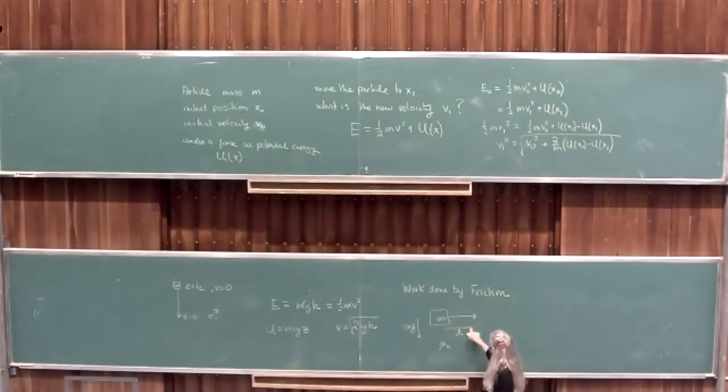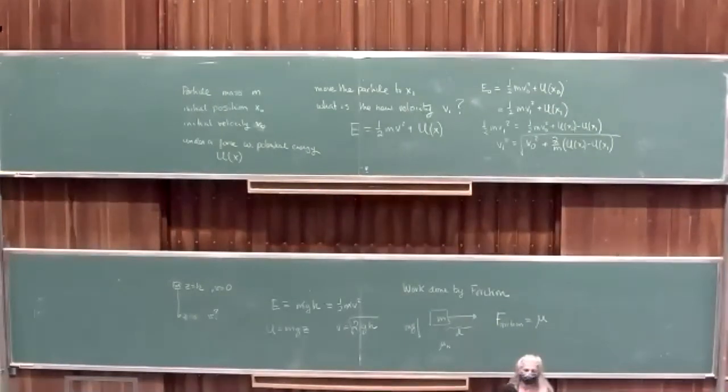So what's the work done by friction? If I move it, the relevant one is the kinetic coefficient of friction. The static coefficient of friction is irrelevant because there's no displacement. You pull it, but nothing's moving, so there's no work. But with the kinetic one, it's moving, so there is work.